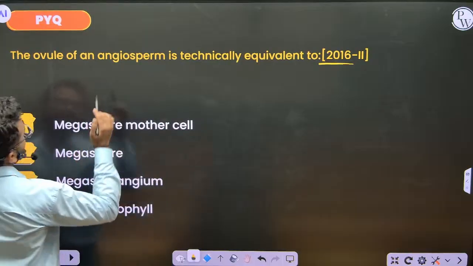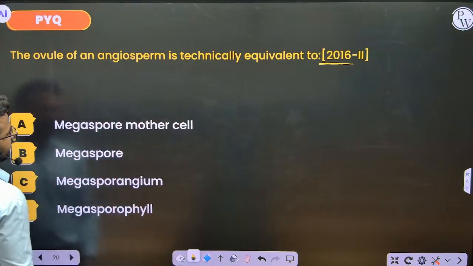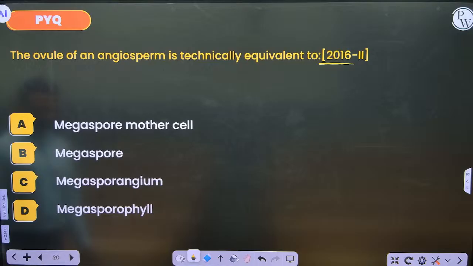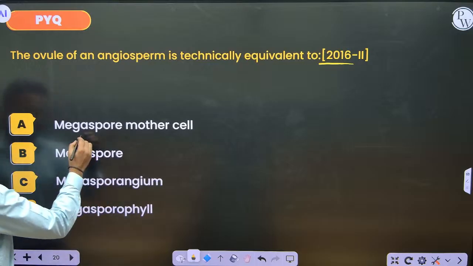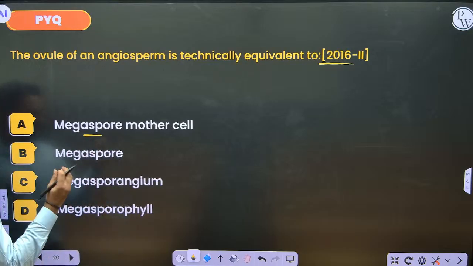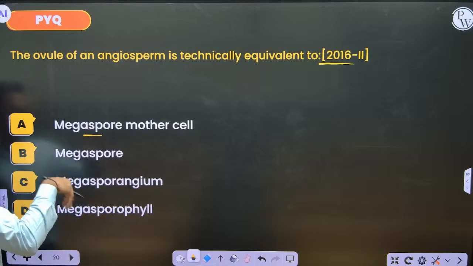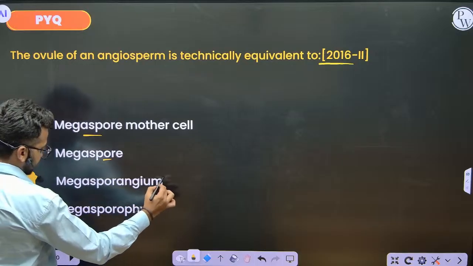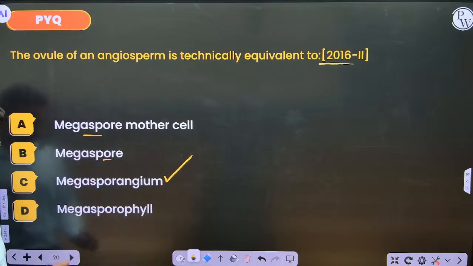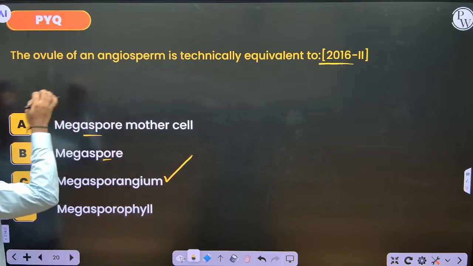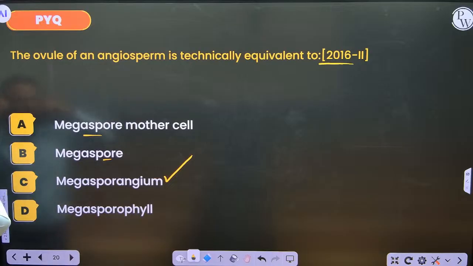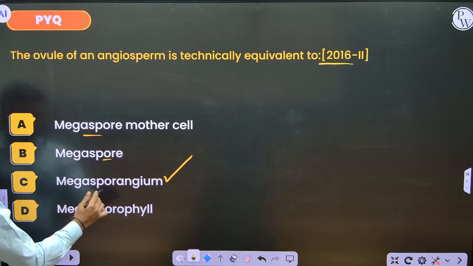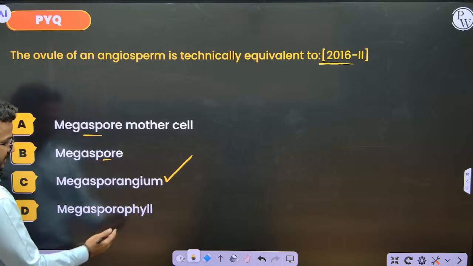The ovule of angiosperm is technically equivalent to what? Megaspore mother cell, not that, because the megaspore mother cell is present within the ovule, and the megaspore is also the same. Megasporangium is the correct answer here. Megasporangium is also equivalent, it is also called the ovule, not megasporophyll.